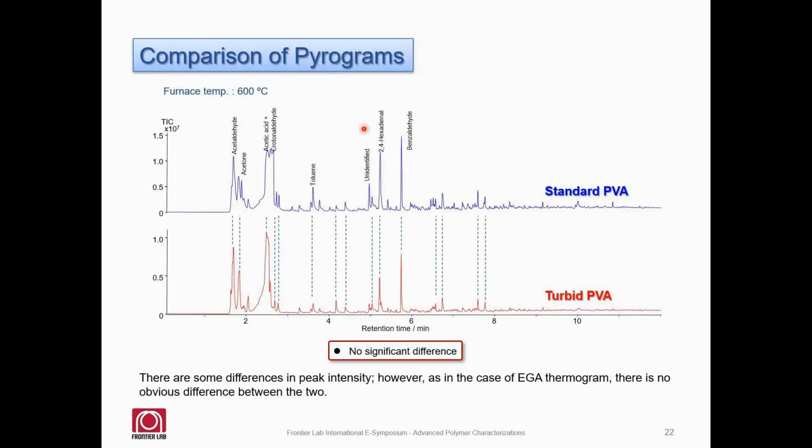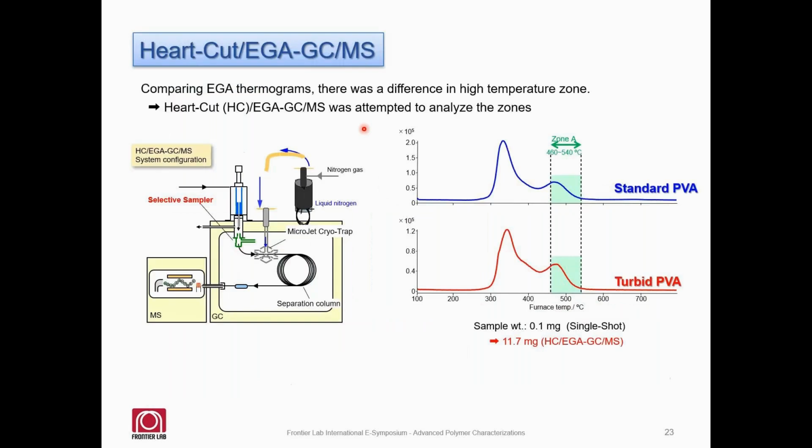What we have done is we have simply done the single shot analysis to know better, and here you could see the peaks are somewhat the same, only the peak intensity is slightly varying. So even by performing this simple single shot, we did not get a clear-cut idea of what is causing the turbidity. To know better, we have done the heart cut analysis.